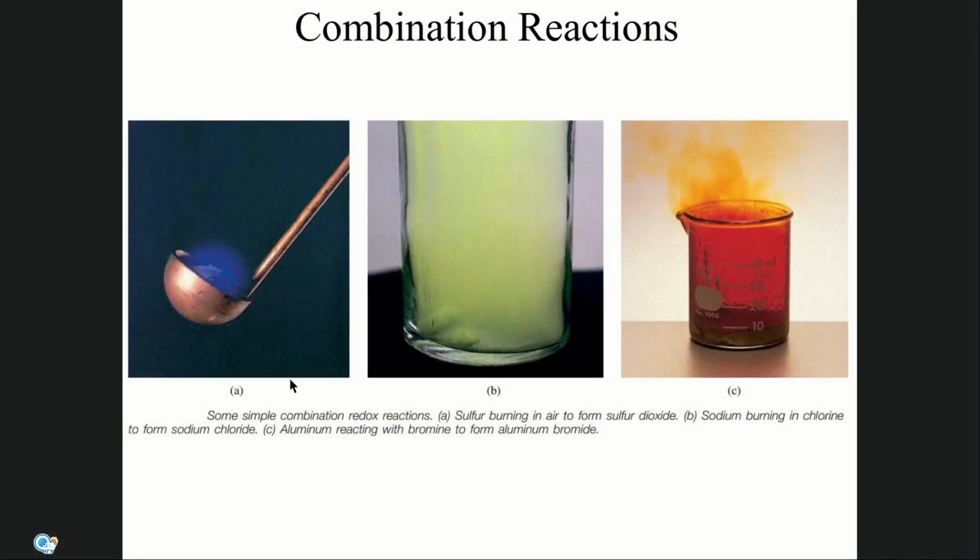For example, this is the burning of sulfur in air. This is the reaction of aluminium with bromine, and this is the burning of sodium in chlorine.